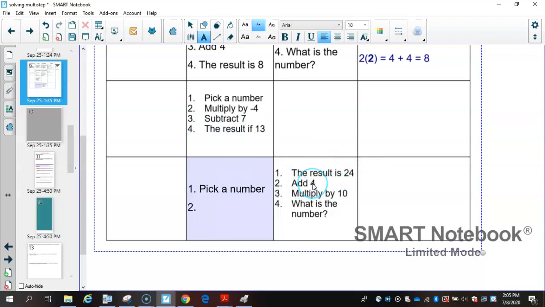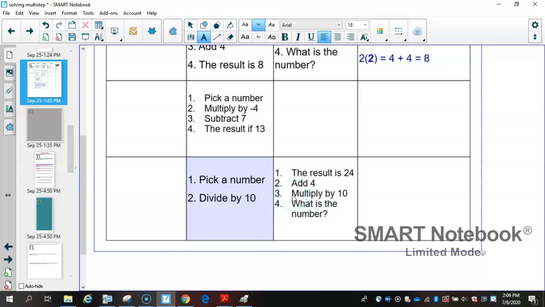This add 4, I have to do the opposite, but that would be the second to last step. This multiplied by 10 would be the step right under pick a number, but I have to do the opposite. So you kind of have to think about it like this. You're going in the opposite direction from step to answer. So this is divide by 10.